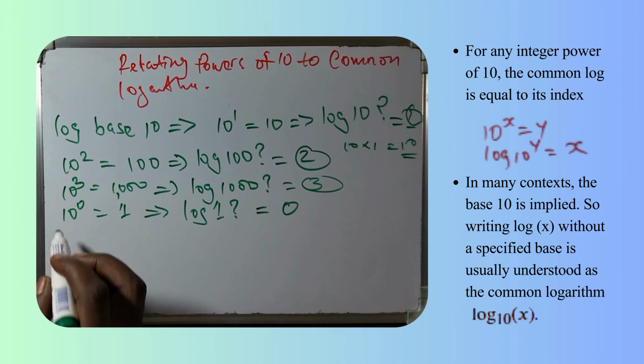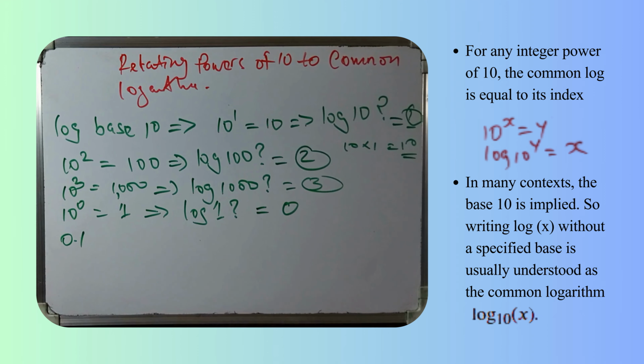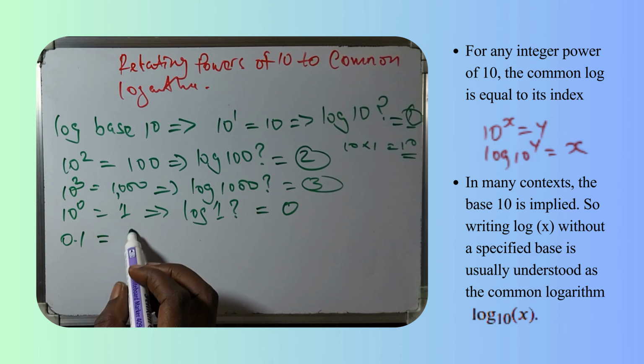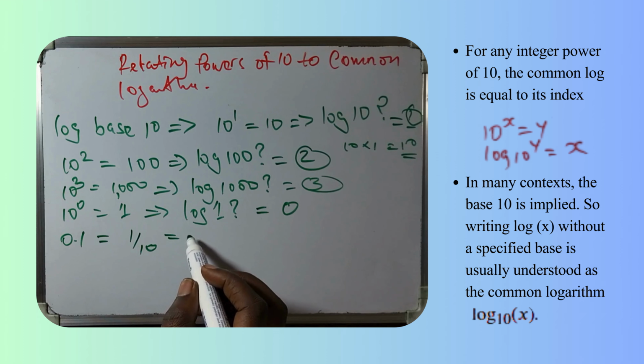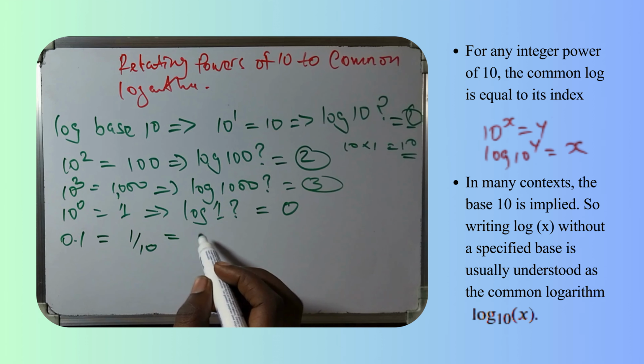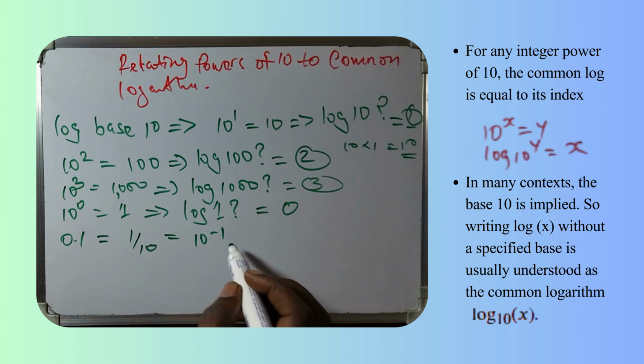Here's another example, 0.1. 0.1 is the same as 1 over 10, and 1 over 10 is the same as 10 raised to negative 1.